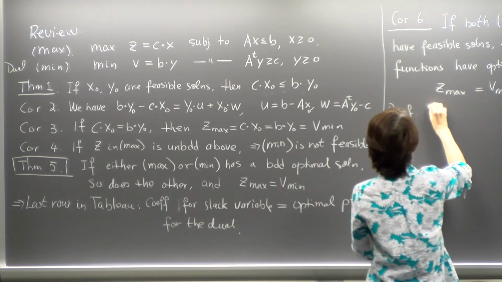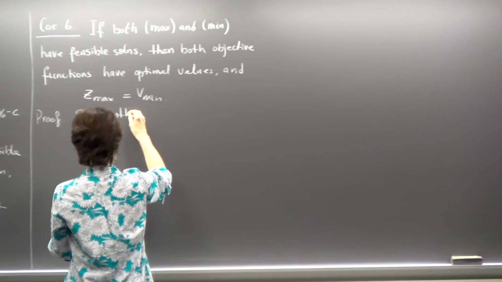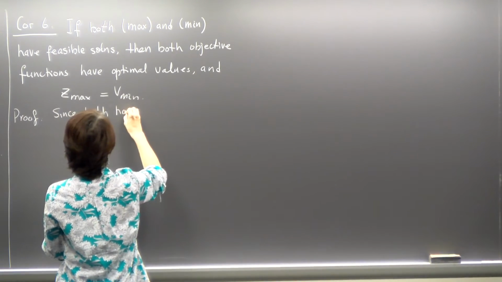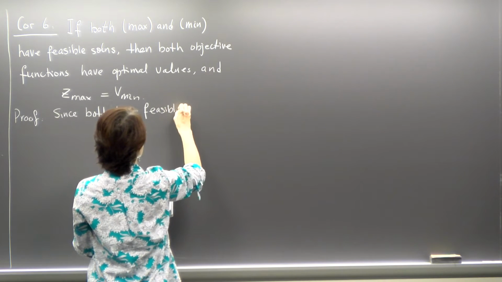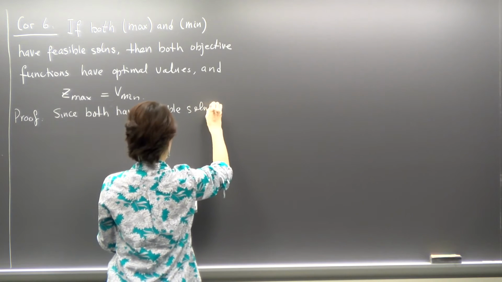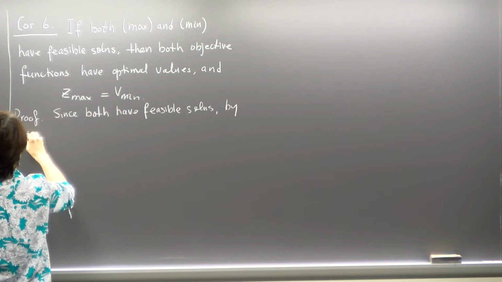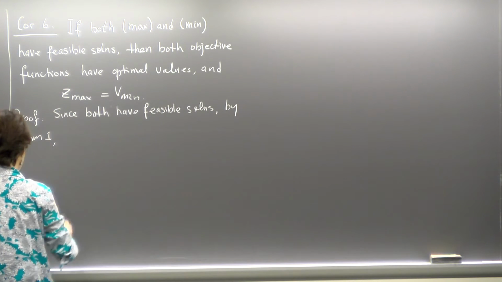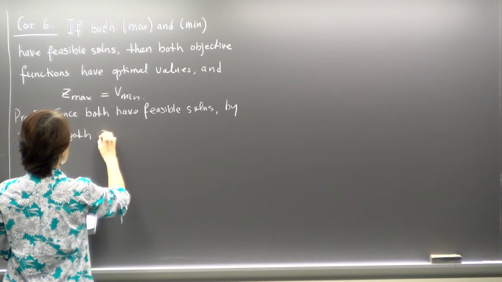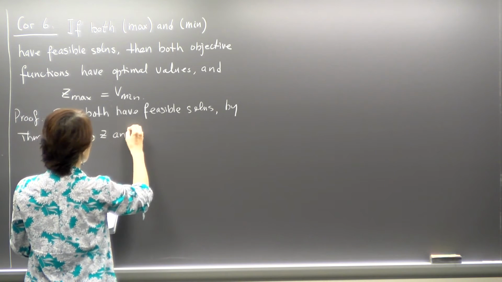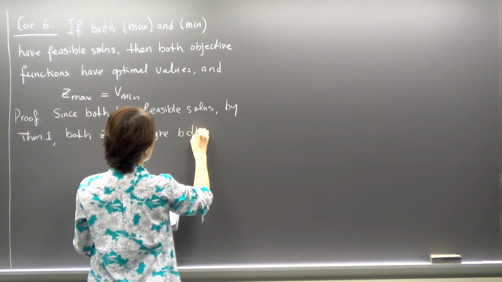So we know that both have feasible solutions, and then I use theorem 1. I can conclude that both the objective functions z and v are now bounded.